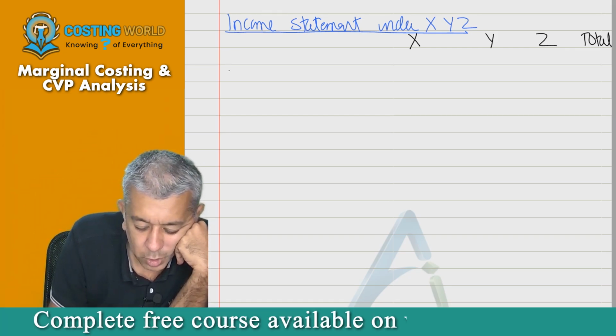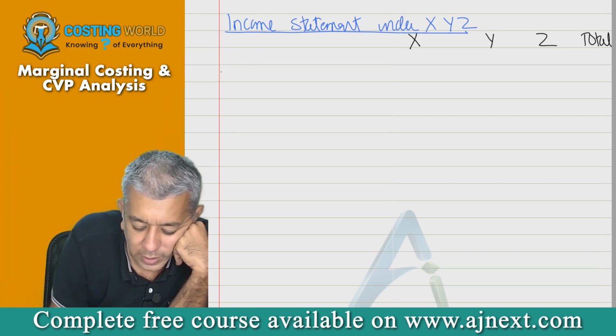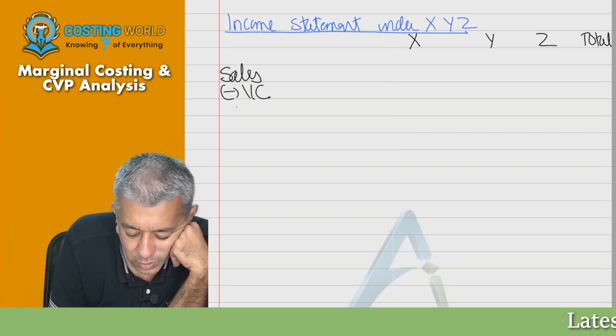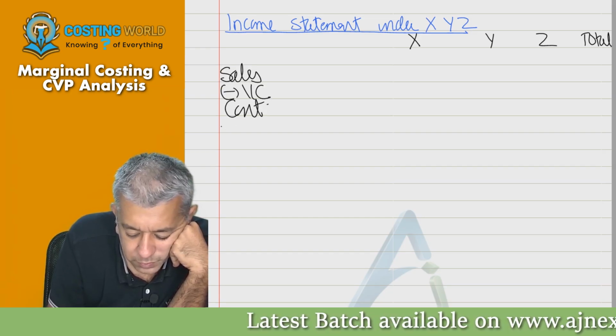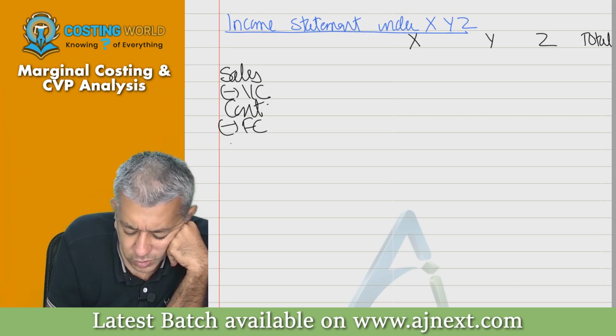Now, do one thing, leave one line blank over here and then write down sales; sales less variable cost will fetch you contribution, less fixed cost will get you profit.